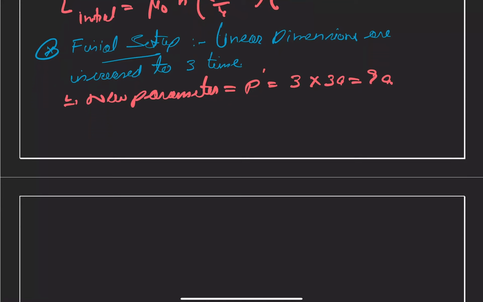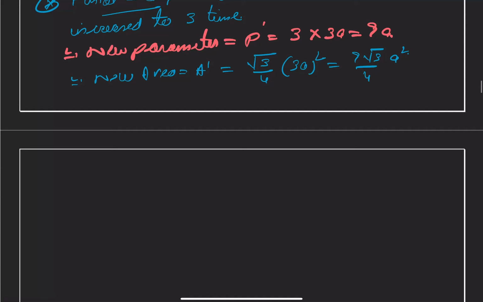The new area, let us call that A prime, will be equal to square root of 3 divided by 4 times 3A square, and if we solve this, it is 9 square root of 3 by 4 times A square.